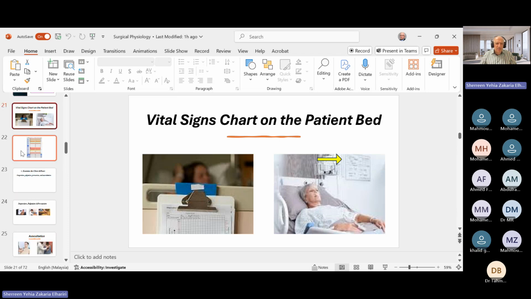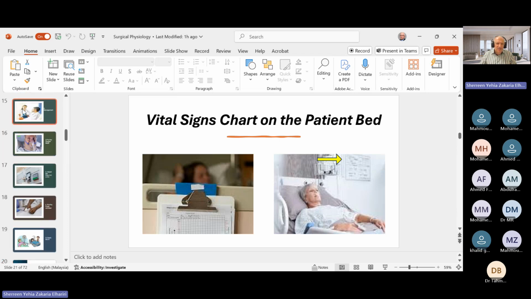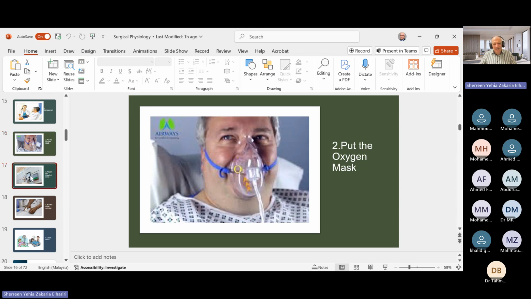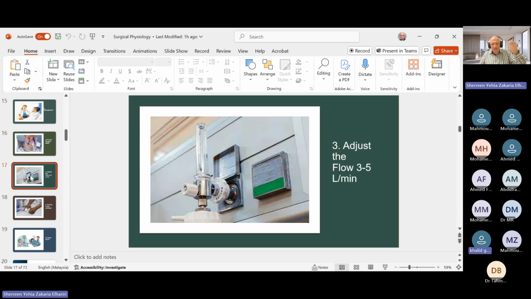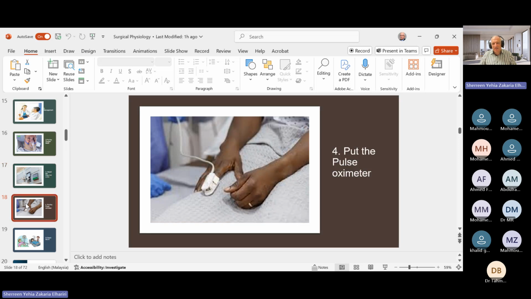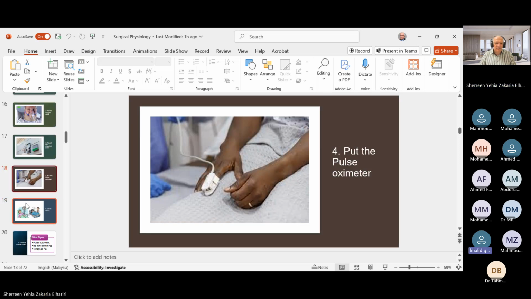So you give oxygen, and after that you don't adjust the flow. This is the first mistake. After that, you put the pulse oximeter. Yes, I put the pulse oximeter and made sure it was connected.